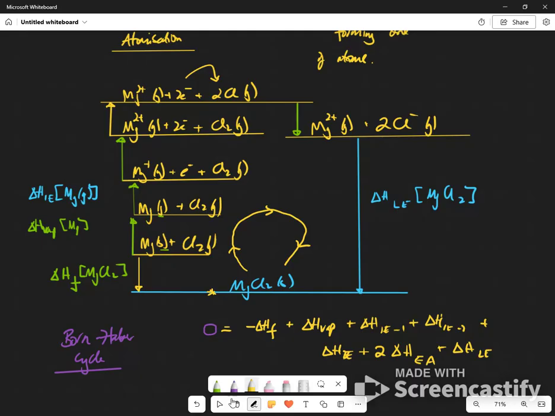All of that is equal to 0, and that's a Born-Haber cycle. Does that make any sense at all? Are we good with that?